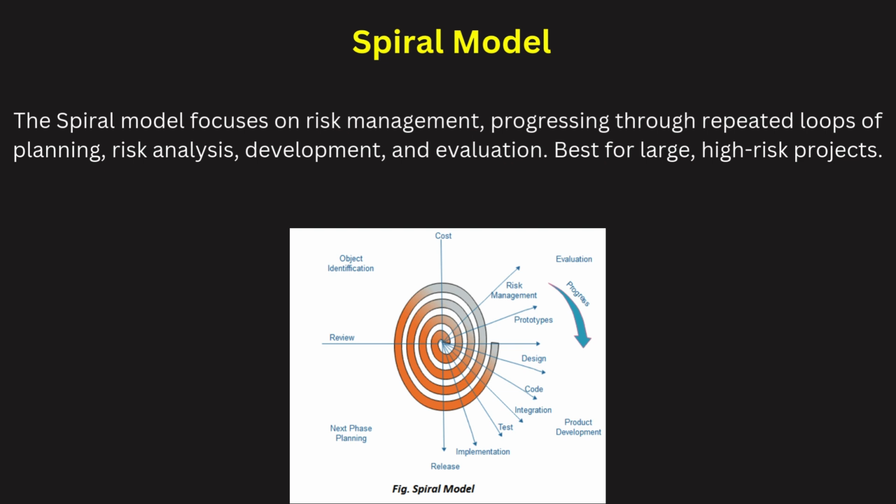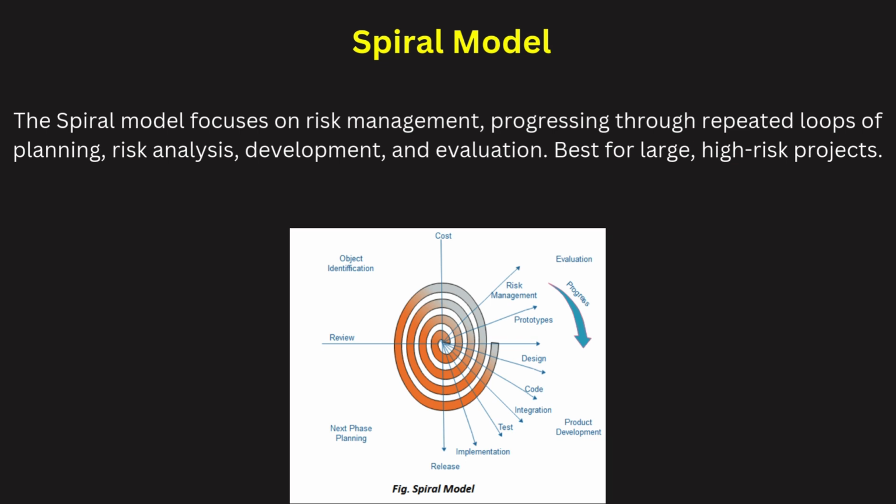Now the spiral model. The spiral model combines elements of both the waterfall and iterative models, with an emphasis on risk management. Development is divided into four phases: planning, risk analysis, engineering, and evaluation, which repeat in a spiral pattern. With each loop, the project progresses and the risk is continuously evaluated.